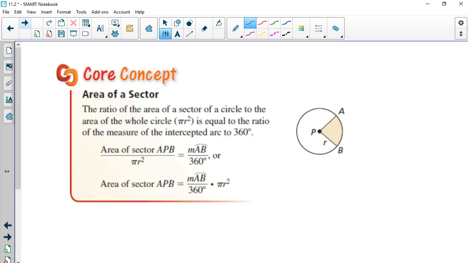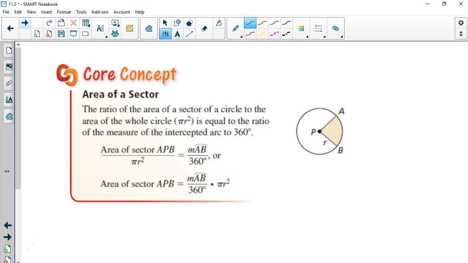Okay. Now, we talked about finding the measure of an arc yesterday. Now we're trying to find the area of a sector. So if yesterday was the pie crust, the edge, we're talking about the piece of the pie here. And again, it's a very simple formula here. Okay?